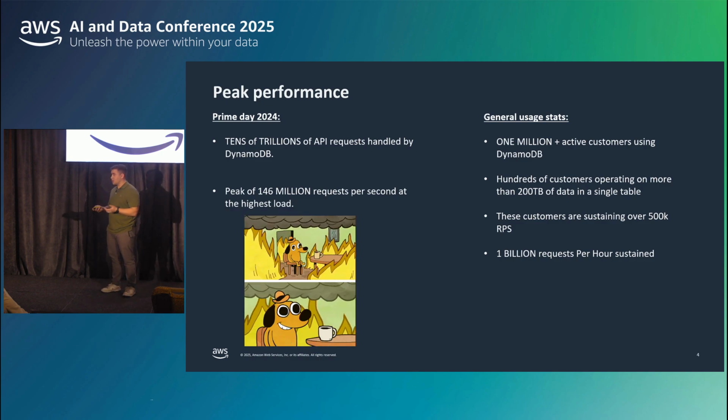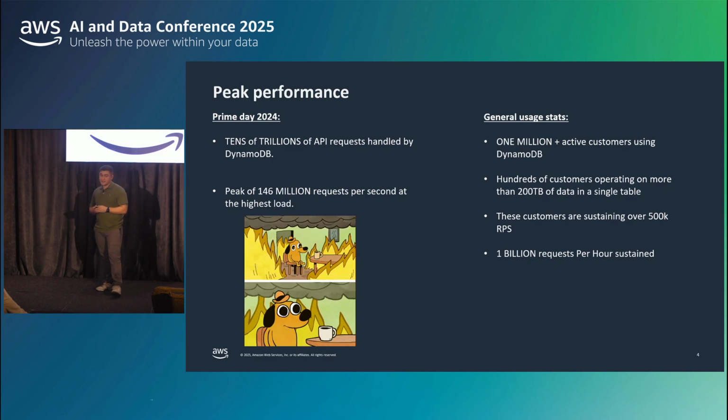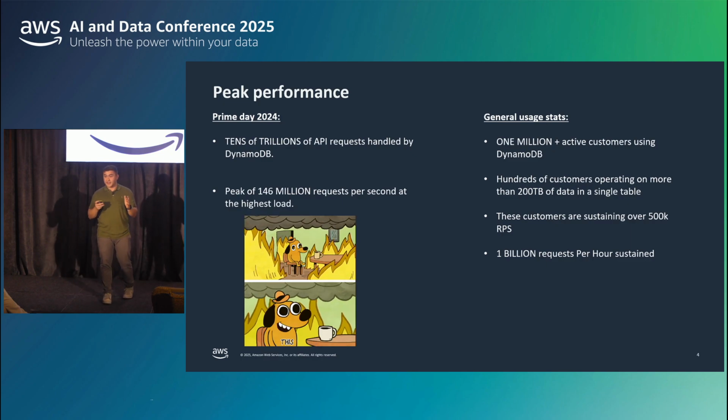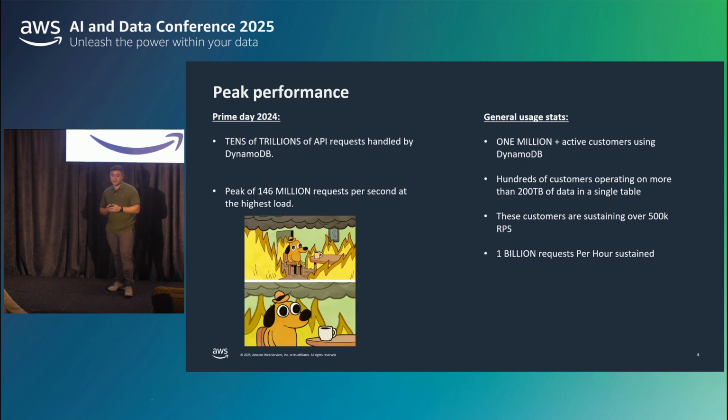And again, if you've read these blogs before, you'll know that DynamoDB is a critical component of the Amazon infrastructure. So yeah, tens of trillions in a single day. It's kind of crazy. And of that tens of trillions, the peak traffic was 146 million requests in a single second. And that video was live footage of the on-call that day. Wasn't worrying at all, completely chilling.